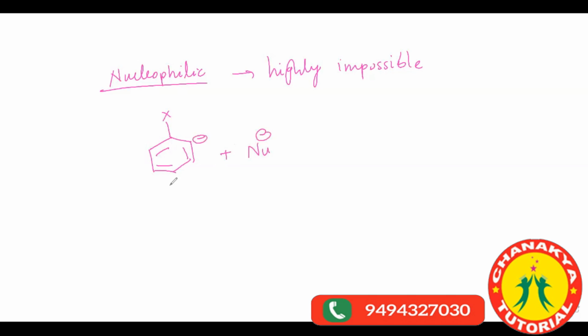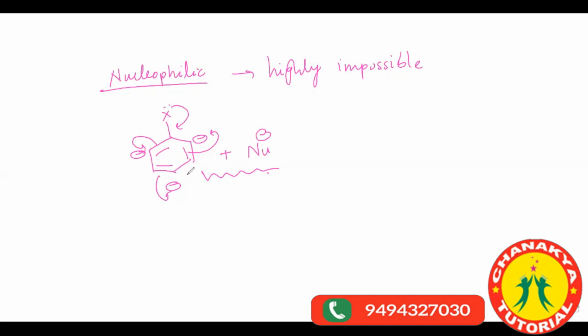And your ortho para positions are also electronegative due to the lone pair utilized in the delocalization, isn't it? And because of that, like charges will repel each other. It's like a magnetic rule, but we apply it for the same charges, isn't it? And because of that, this is highly impossible. But if you pressurize it, in special conditions, it will form at the meta position because it's electron deficient.